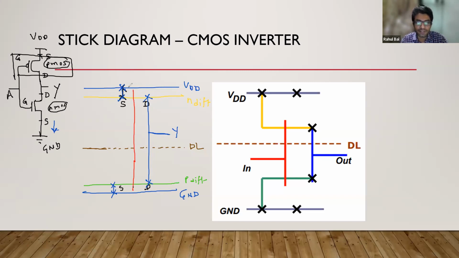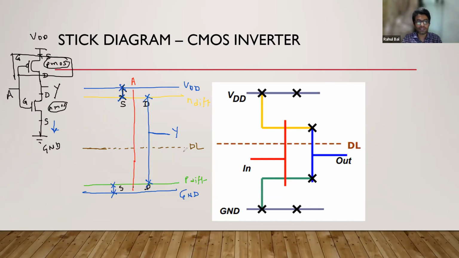So no need to mention any separate connection for A, because this red color line is representing the gate only. As I said during the fabrication steps, for designing the gate, we use polysilicon. So this red color line is nothing but polysilicon.